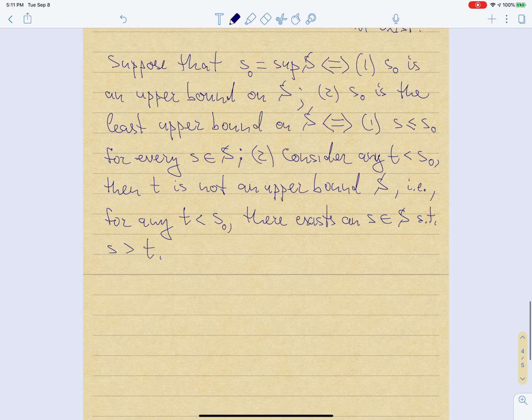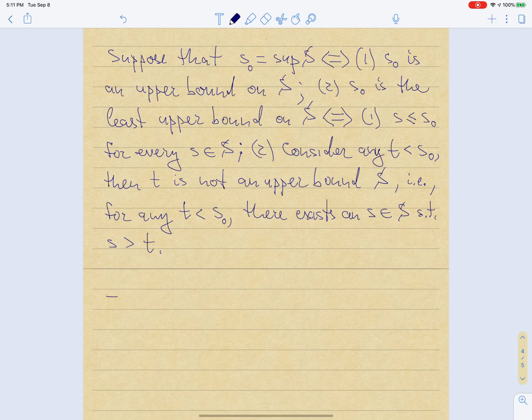So therefore, to test whether S0 is a supremum of S, I need to check two things.